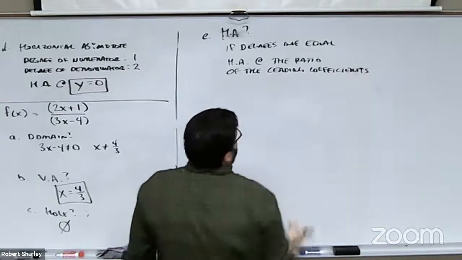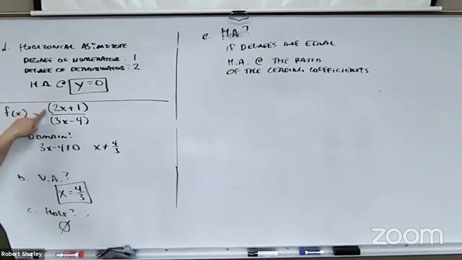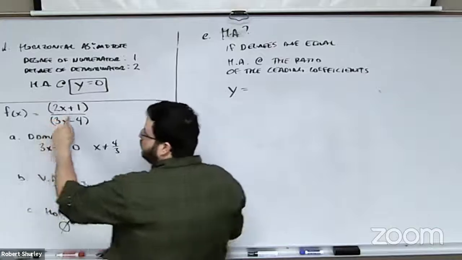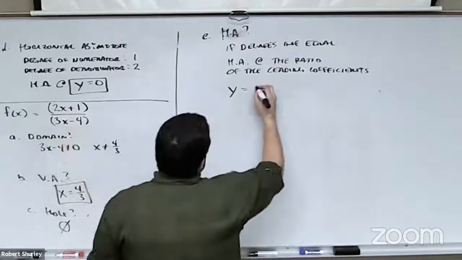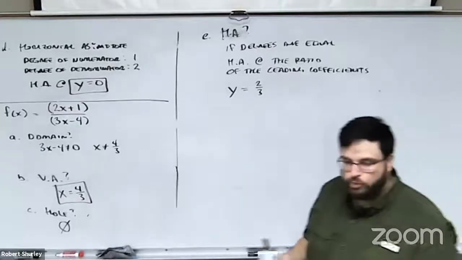So what does that mean? Let's go back to our equation. The leading coefficient of the numerator is 2, and the leading coefficient of the denominator is 3. Since the degrees are equal, it's 1 on top and bottom, so we have a horizontal asymptote at y equals 2/3.